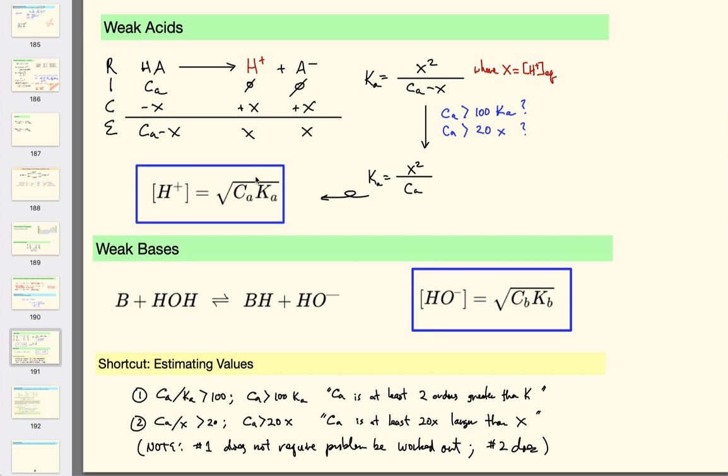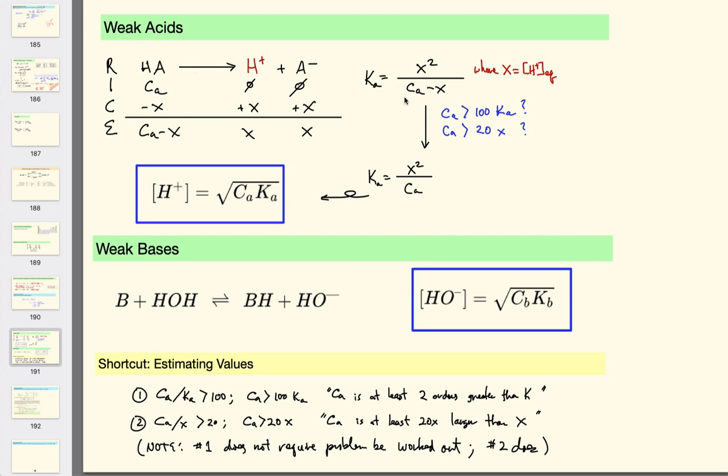Okay, so here we go. Let's now look. Ka is equal to the concentration of your products over your reactants. And since one is X and one is X, the numerator is going to be X squared. And this is true every time you have a weak acid.